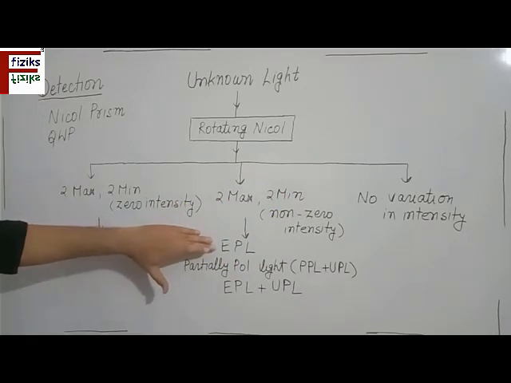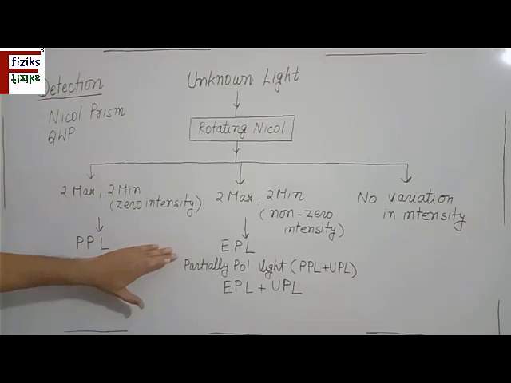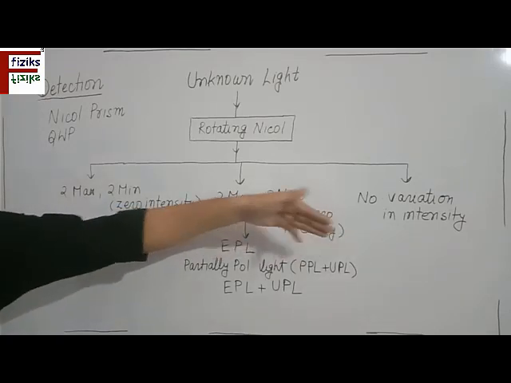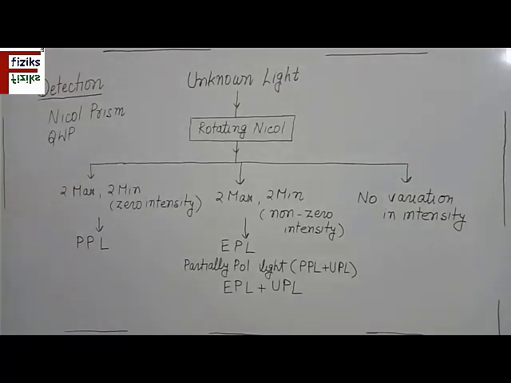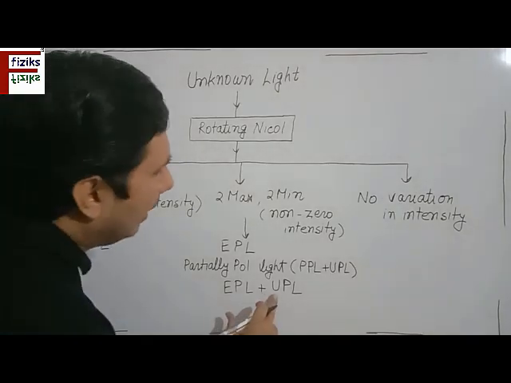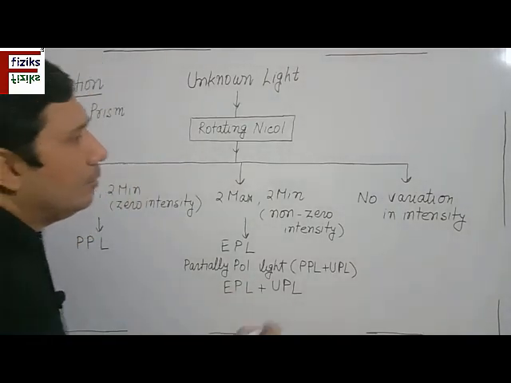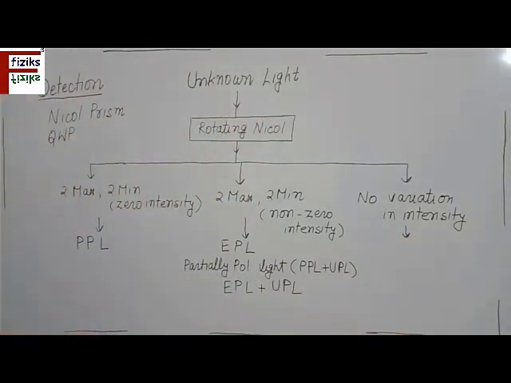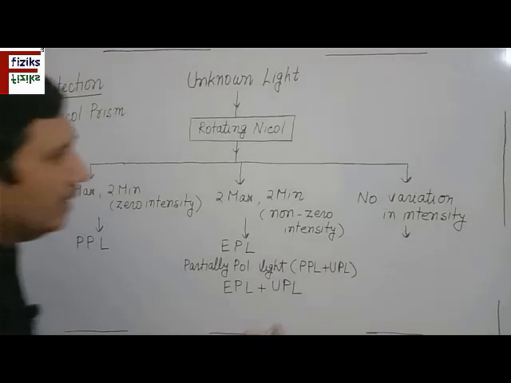Either this will be elliptically polarized light, or this will be a partially polarized light, meaning a mixture of PPL plus UPL, or this can be EPL plus UPL, elliptically polarized light plus unpolarized light. Now in third case where we are obtaining no variation in intensity, there are three possibilities. One is circularly polarized light.